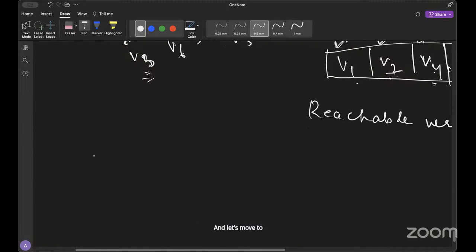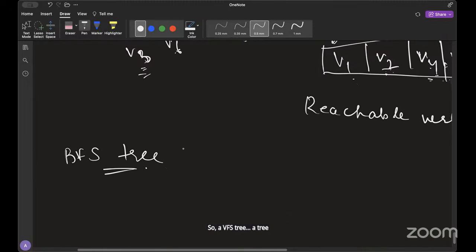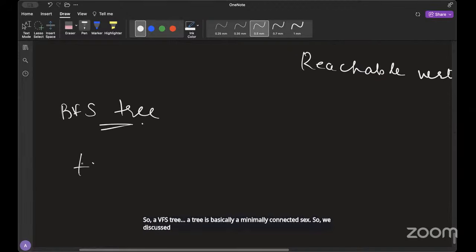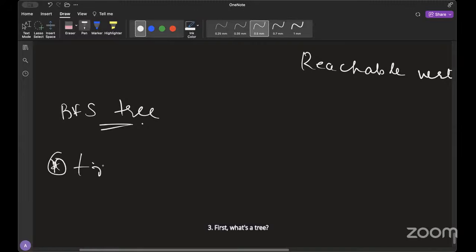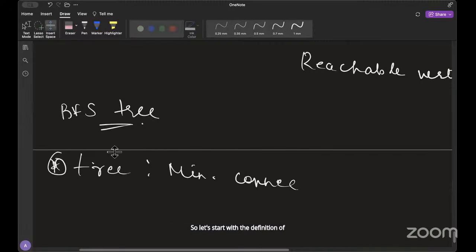Let's move to what a BFS tree is. A tree is basically a minimally connected set. So we'll discuss tree first. What's a tree? It's a minimally connected set, and for that, you need to know what a connected set is. So let's start with the definition of a connected set.